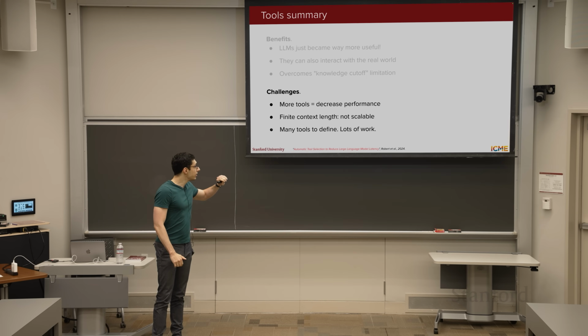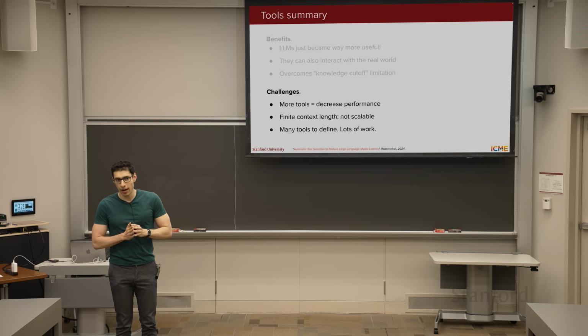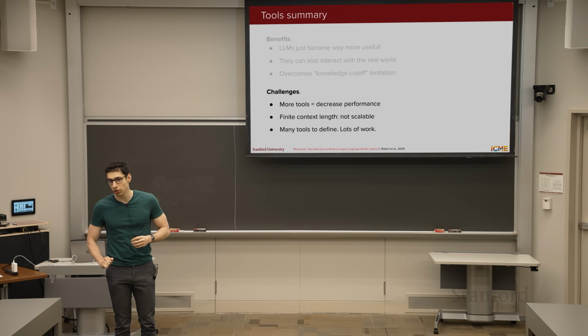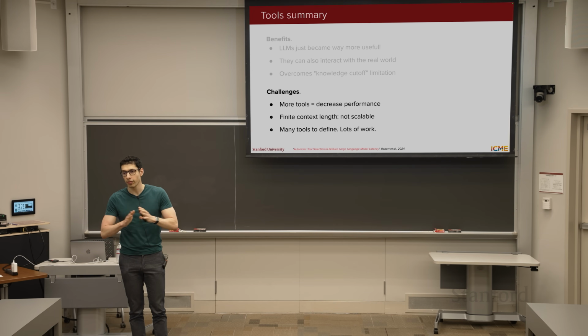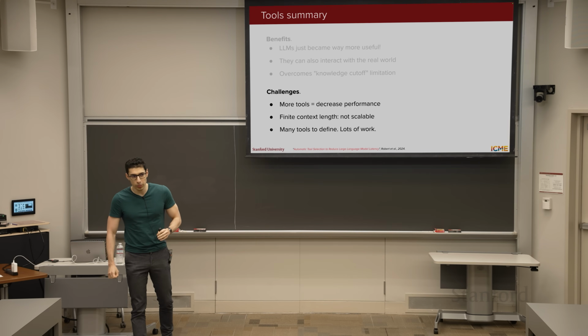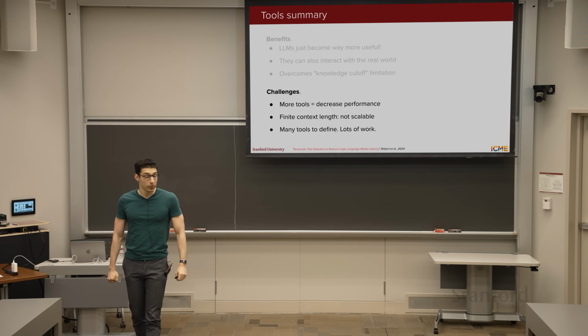So this is an issue. And even if that wasn't an issue, you still have the context window that is finite. So let's say you have hundreds of millions of users that use your LLM and that want to do a lot of things. You cannot support everyone's use cases at once, just because you couldn't possibly fit all of such tools in your context.